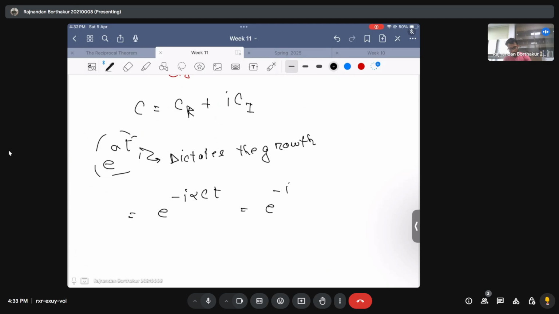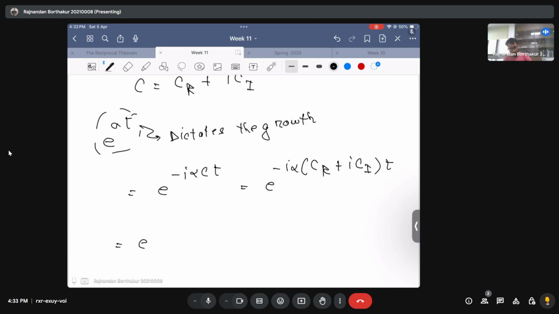C can be written as cr plus I times ci, which means I can write this term as minus I alpha cr t, plus alpha ci t, and then I can write this as e power alpha ci t times e power minus I alpha cr t.